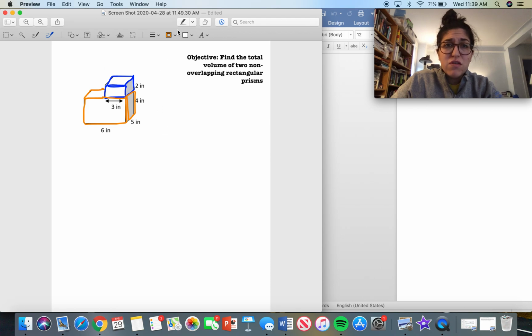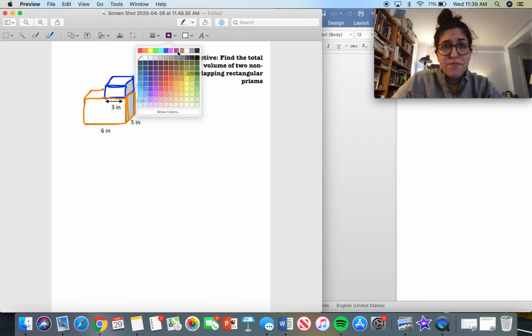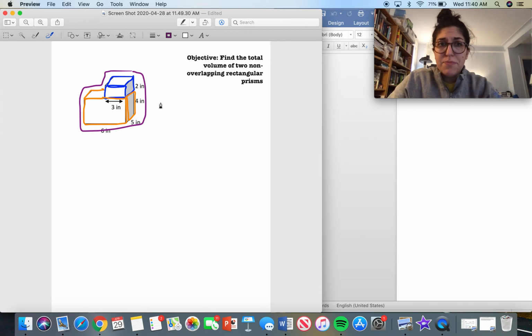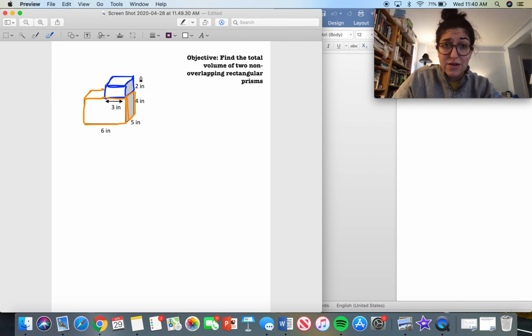And so the question is, if we called the whole shape, let's make it this purple color, the whole thing, I'm going to do a rough outline here, what is the volume of the purple shape? In other words, what is the volume of the blue shape plus the orange shape? Because the purple is the blue and the orange put together, right? That's what we need to find out. That's our question. The volume is what?